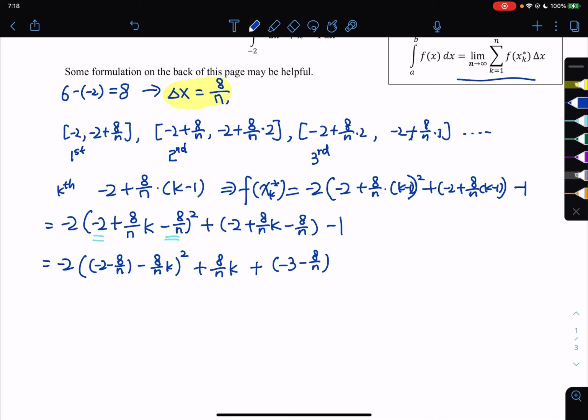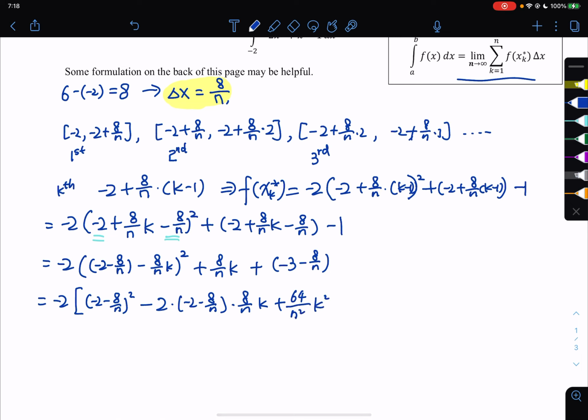So let me put the highest order term out. So it's -2 minus 8 over n squared, minus twice of -2 minus 8 over n times 8 over nk plus 64 over n squared k squared, add to 8 over nk plus -3 minus 8 over n.